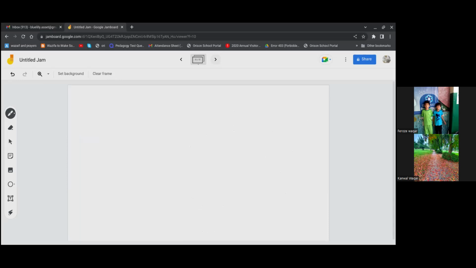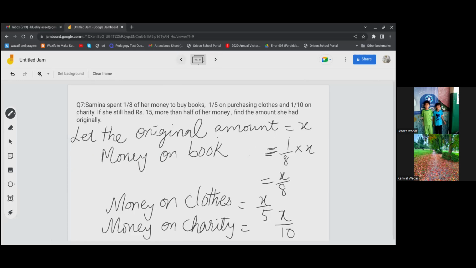Now we go back to the statement. They are saying she still had rupees 15 more than half of her money. Read carefully: 15 more than half of her money means 15 plus half.